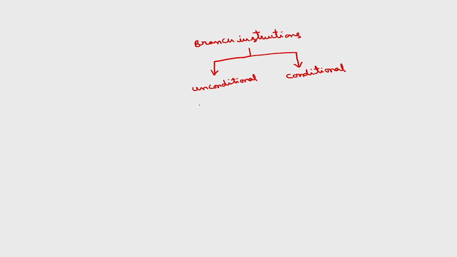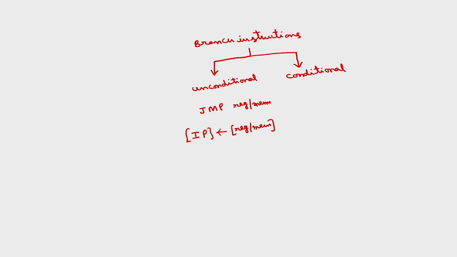The example of unconditional is simply jump, JMP, comma, and we can specify register/memory. Whenever the microprocessor executes this instruction, the instruction pointer will simply be loaded with the contents of register/memory.